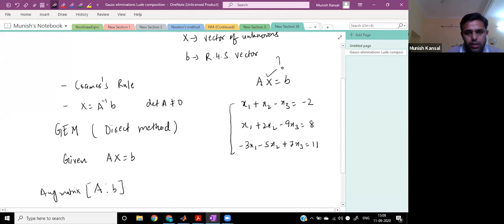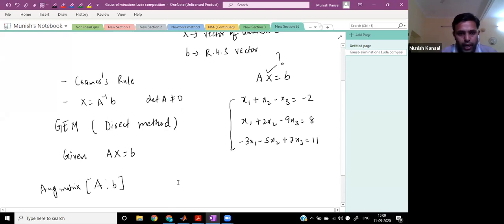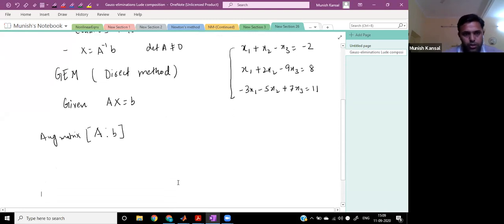I will just write down the right hand side column with the coefficient matrix, so we get the augmented matrix, right? So the idea here is, once you write down this augmented matrix A colon b, then with the help of Gauss elimination method, I would say that it is divided into two steps.